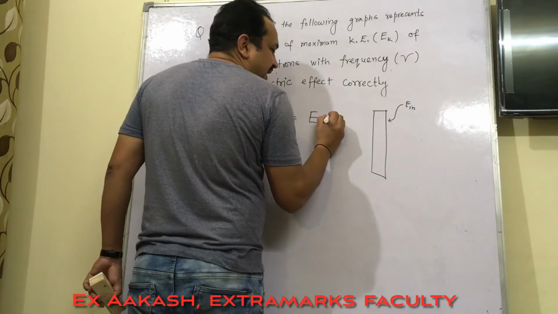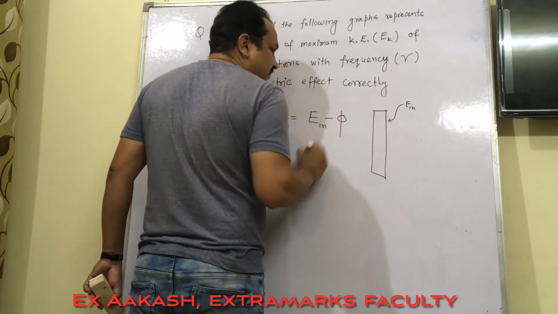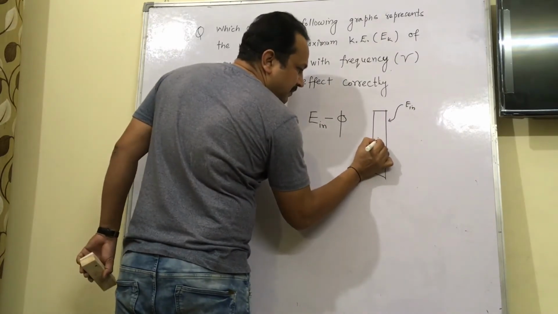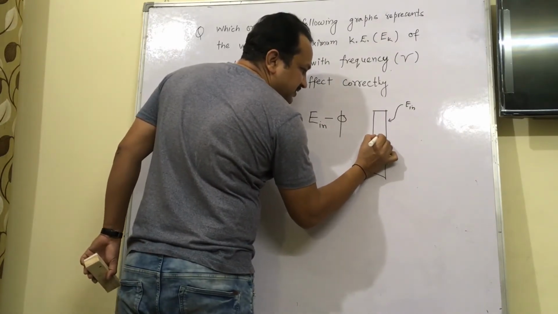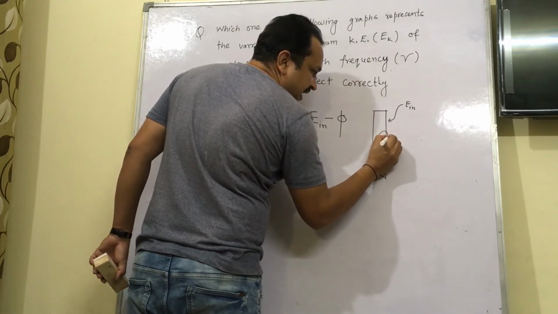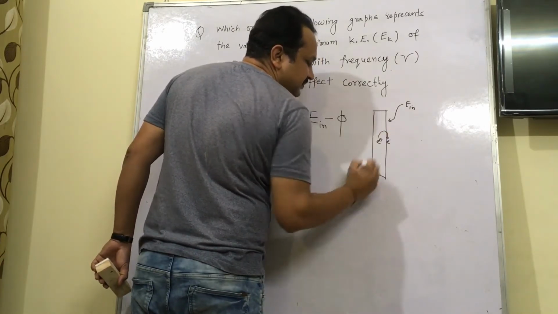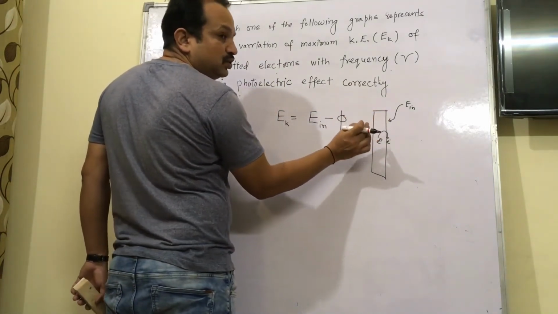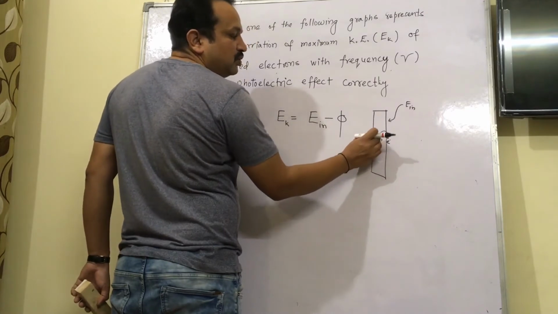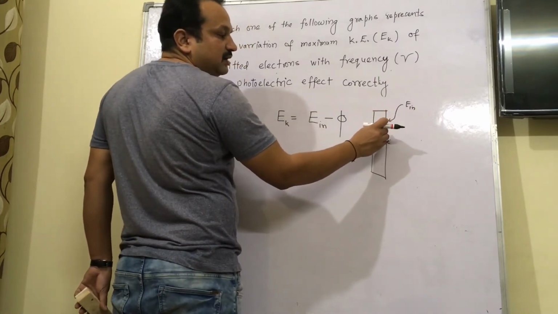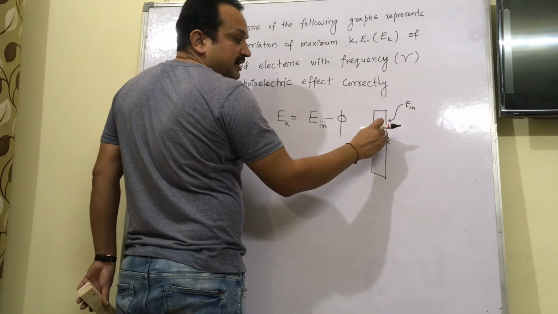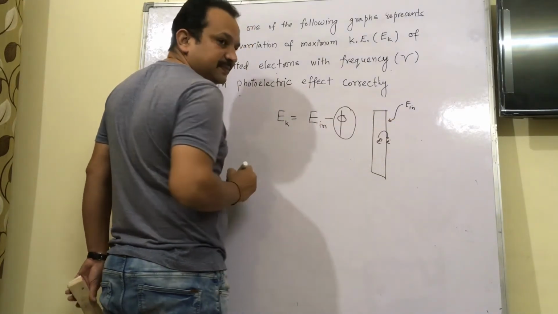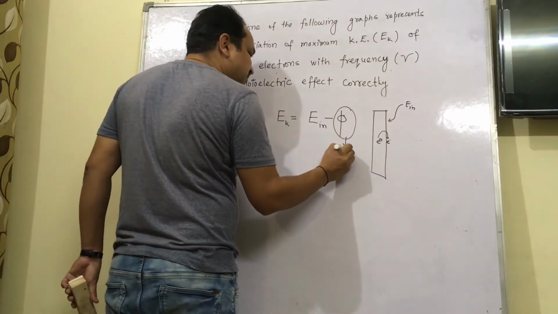So at a particular frequency, the electron will come out from the metal surface. The minimum energy required for an electron to come out from inside the metal to the metal surface is known as the work function.